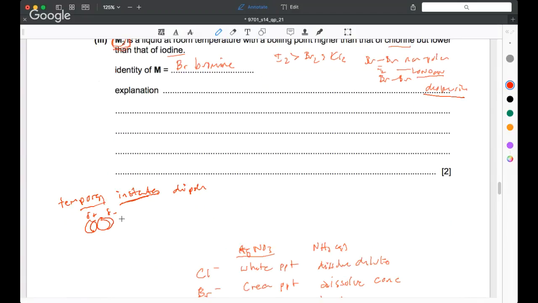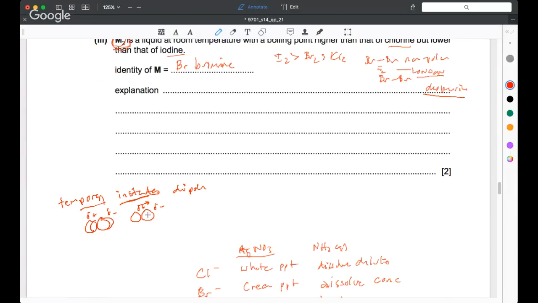And because you've got suddenly a negative end to that dipole, then the neighboring molecule will have an induced dipole. So these electron clouds will get the force of repulsion. These electron clouds will move, so you get a temporary induced dipole there.